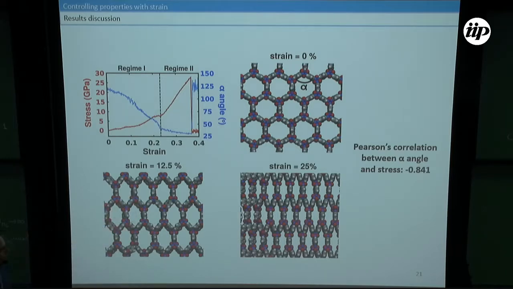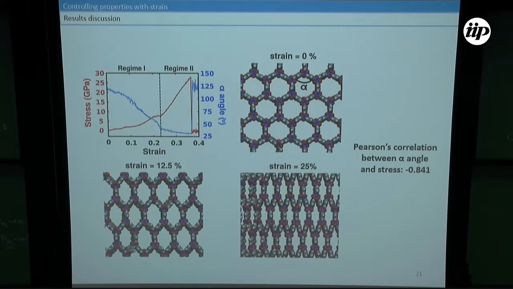And we calculated the correlation between the stress curve in red and the alpha angle in blue. One of the co-authors calculated that and found this value. The negative sign indicates that when one increases, the other decreases. And what she said is that typically when the correlation is above 0.7, it's a strong correlation between the two results.